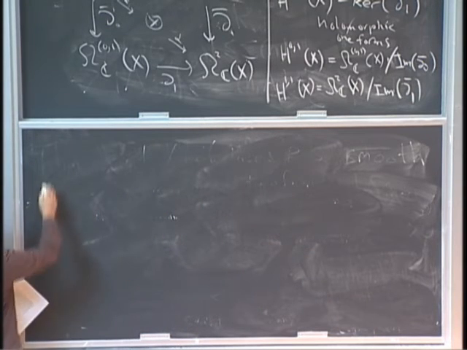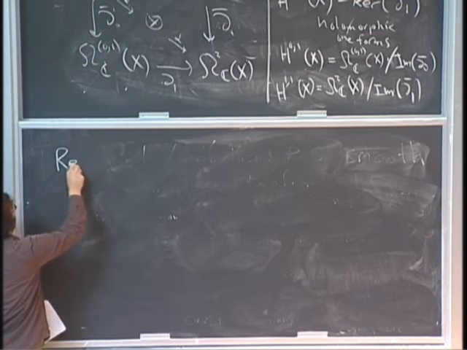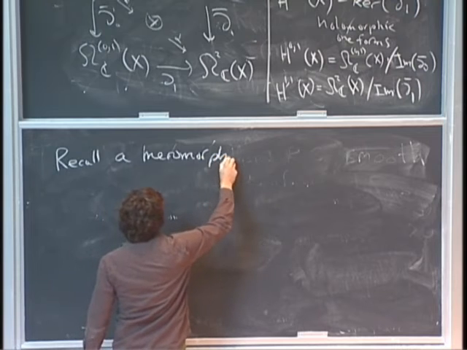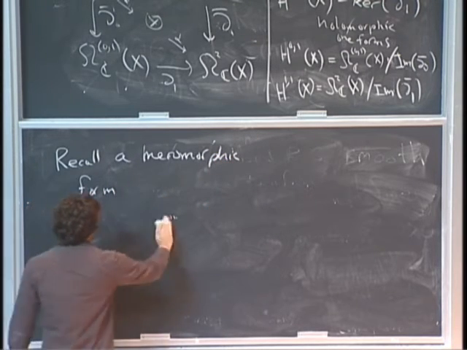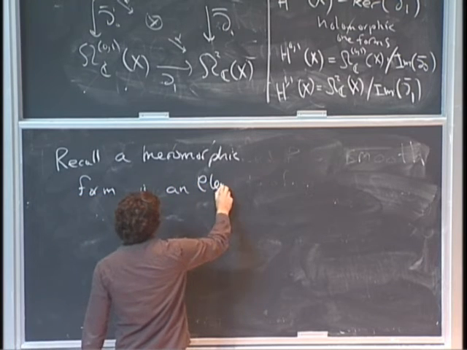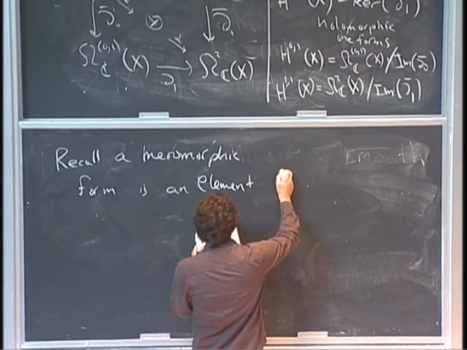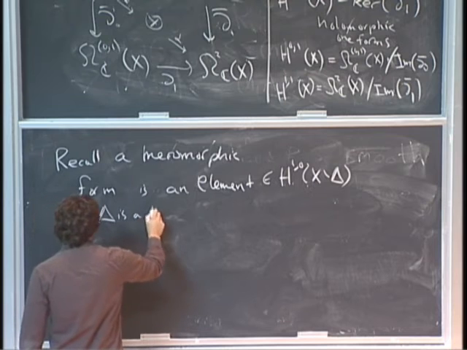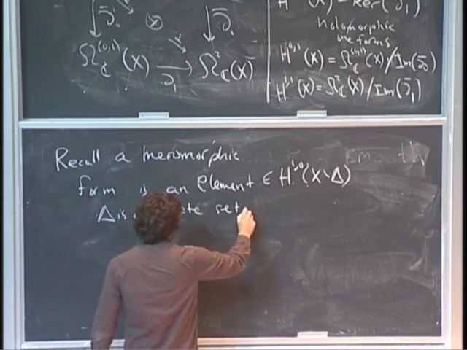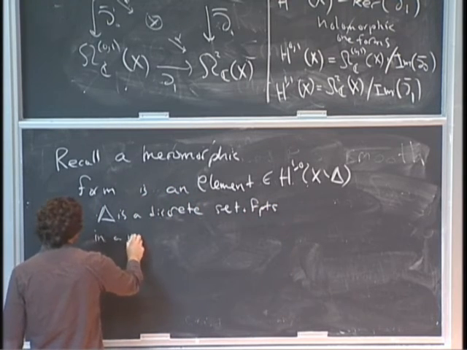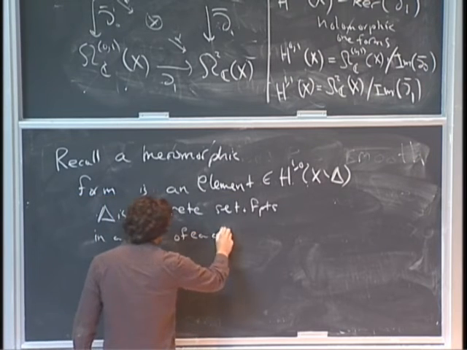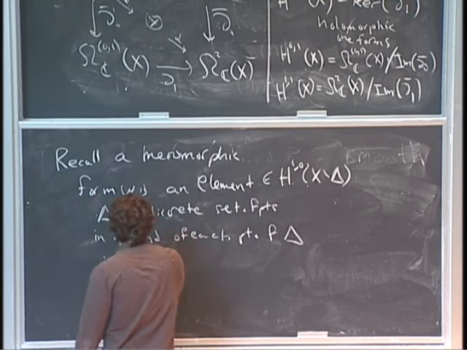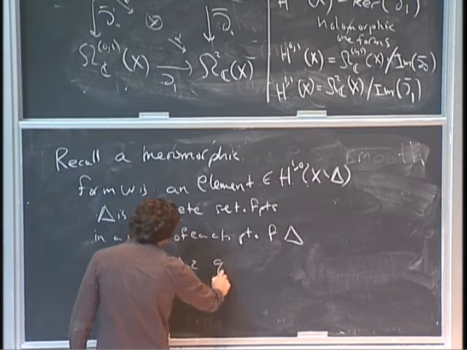Recall that a meromorphic form is an element of H^{1,0} of X minus delta, where delta is a discrete set of points, so it's holomorphic away from a discrete set, and in a neighborhood of each point of delta, omega is equal to q of z dz, where q is meromorphic.